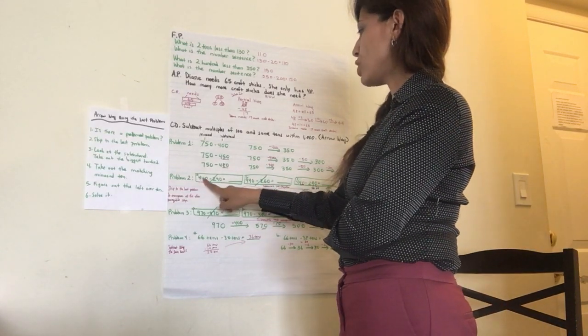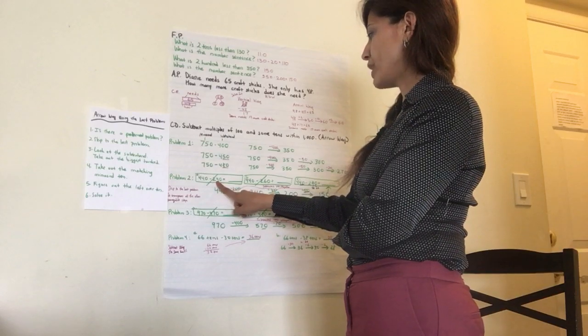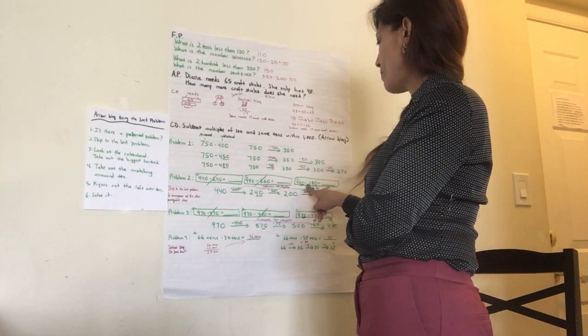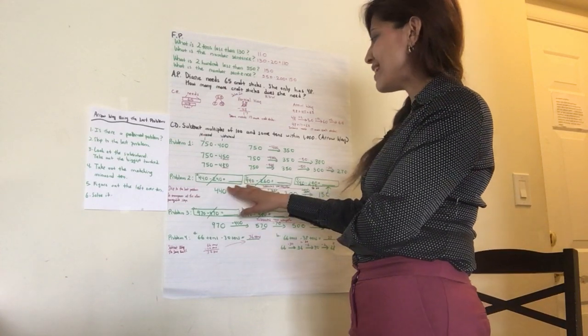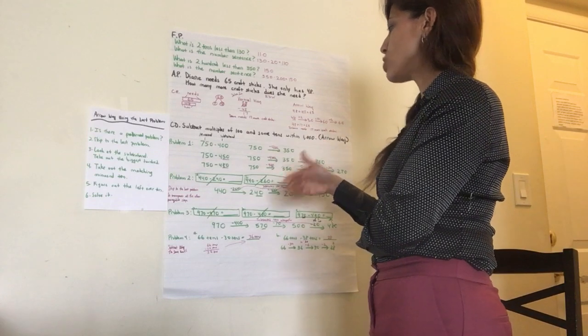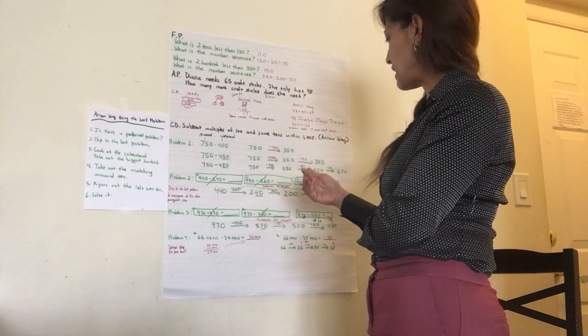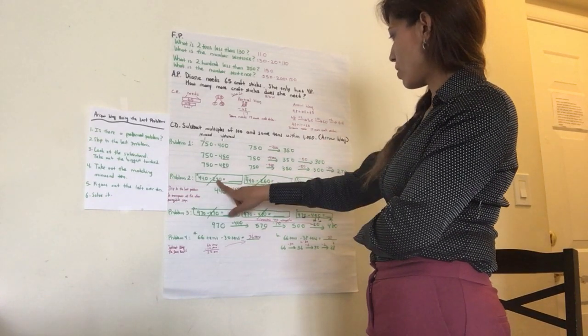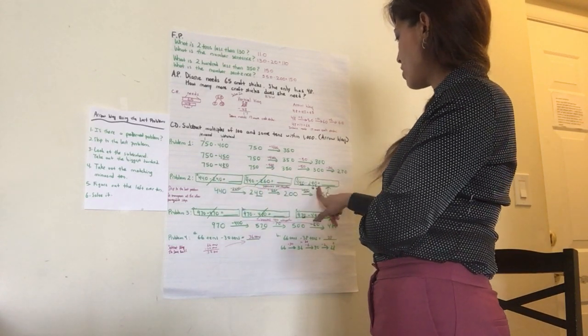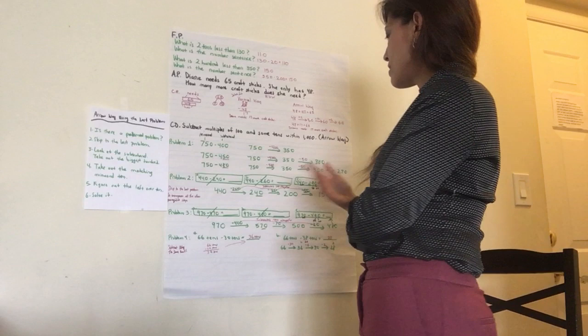So here you'll notice 440 minus 240. 440 minus 260. 440 minus 290. You see that the subtrahend is just increasing by 10s or 20s, right? 240 increases to 260, 260 increases to 290. So there's a pattern.